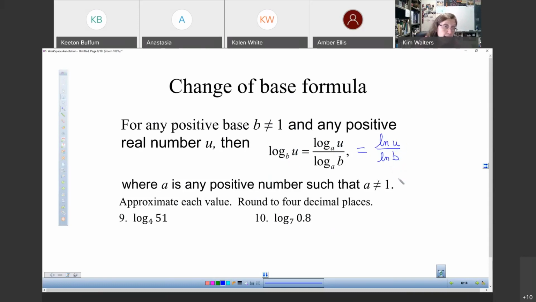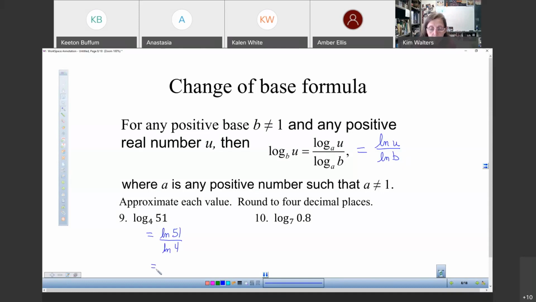And now you can actually do this for any of these logarithms in your calculator because I'm showing you how to use this. So to evaluate this, this is going to become the natural log of 51. This number has to go on the top, divided by the natural log of 4.